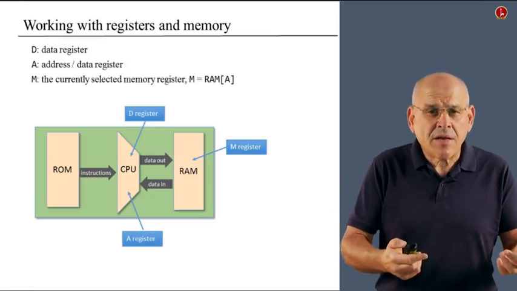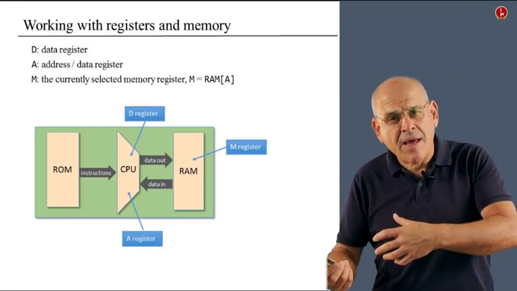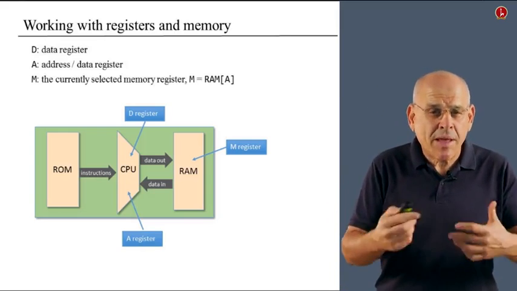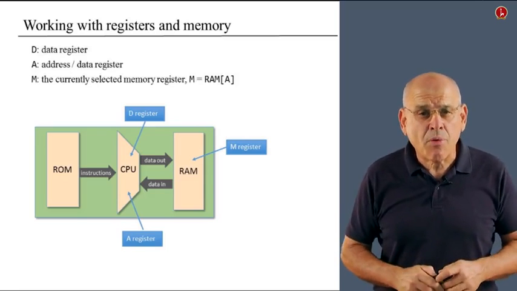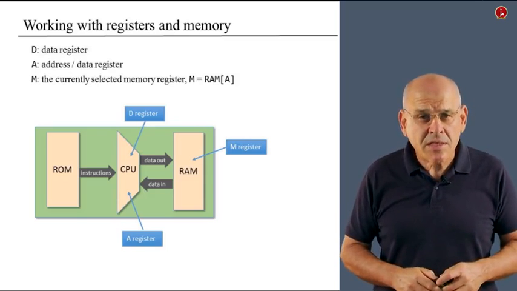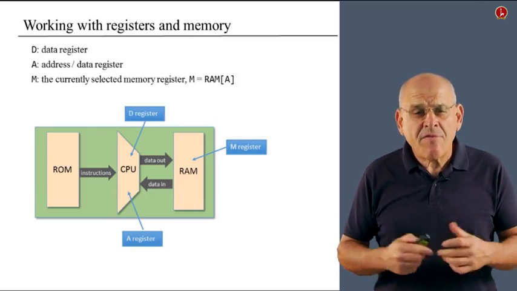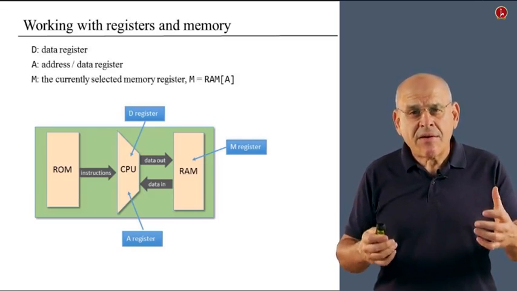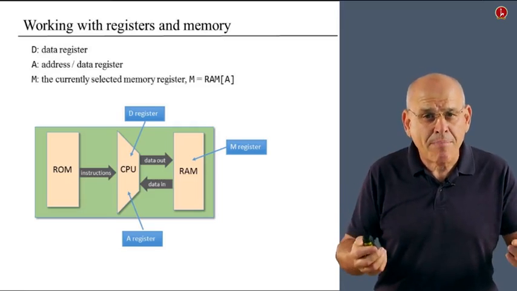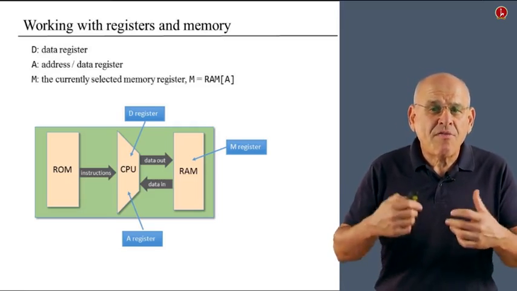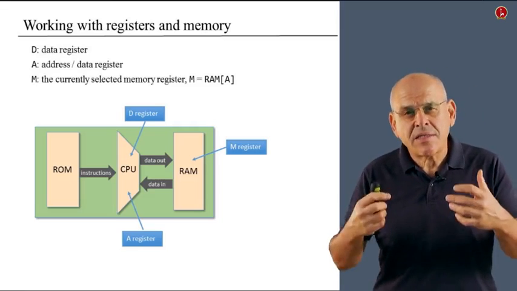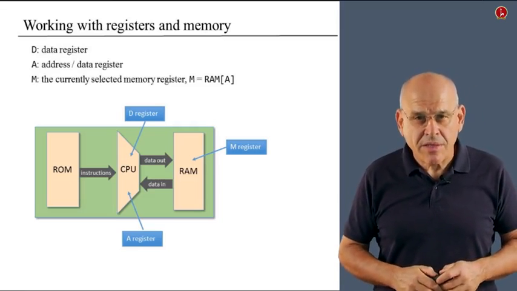The A register can hold either a data value or an address, depending on the context in which the programmer wants to use this register. And finally, we use the letter M, or the mnemonic M, to refer to the currently selected memory register.